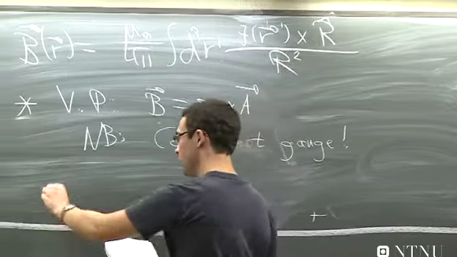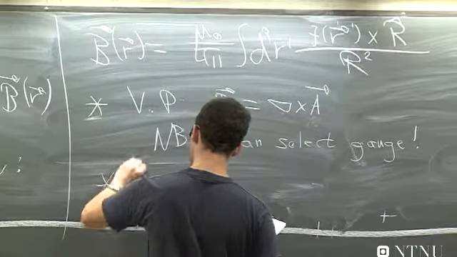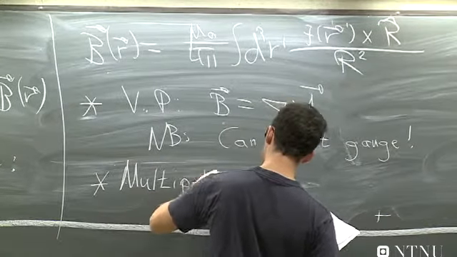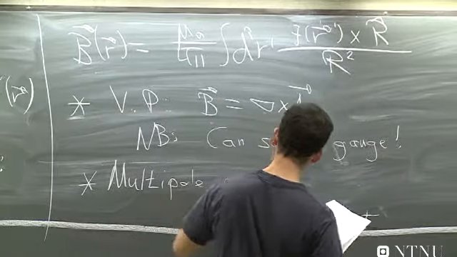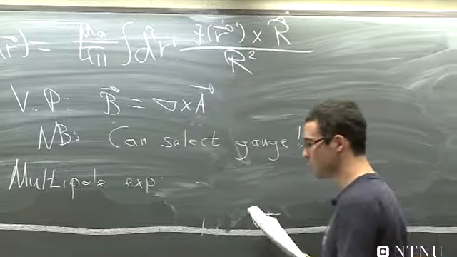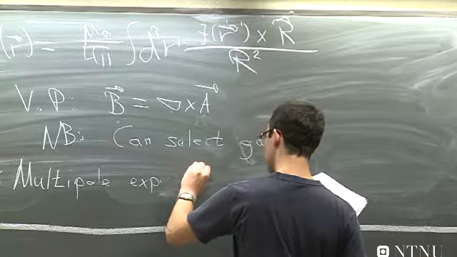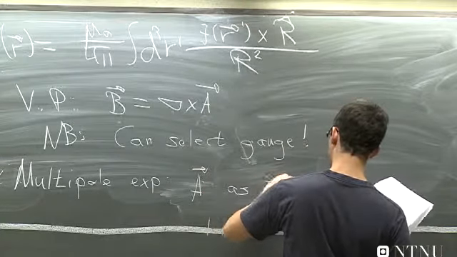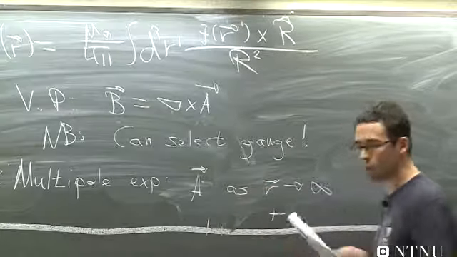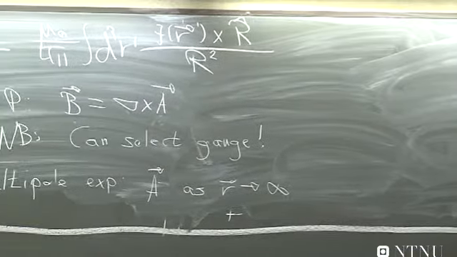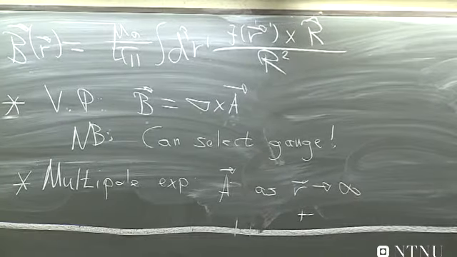Let's see. Yeah, we have the multipole expansion. The idea was to get some approximation to the vector potential at large distances. And hopefully it's enough to keep a few terms. That's the whole idea. If you have to keep a lot of terms, then this isn't working so well.